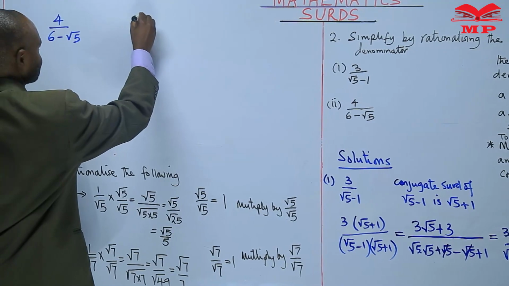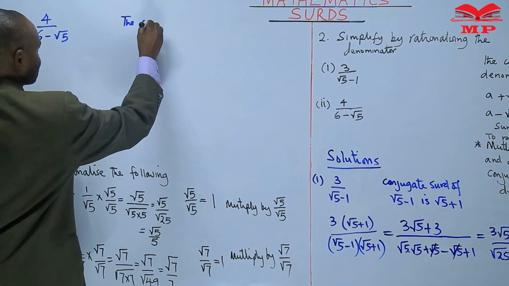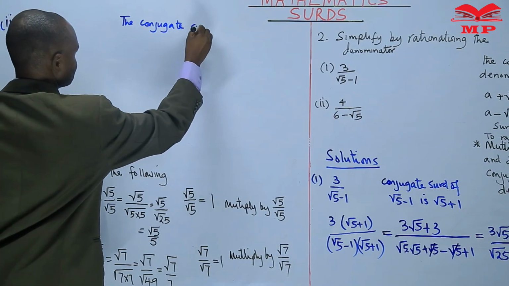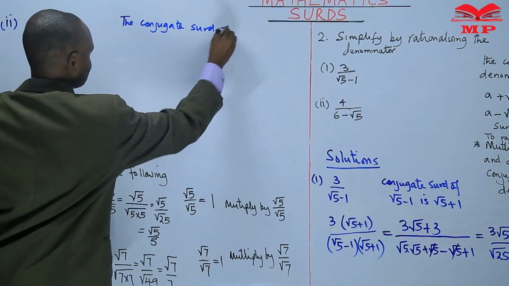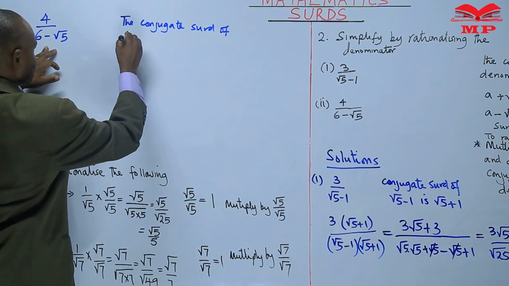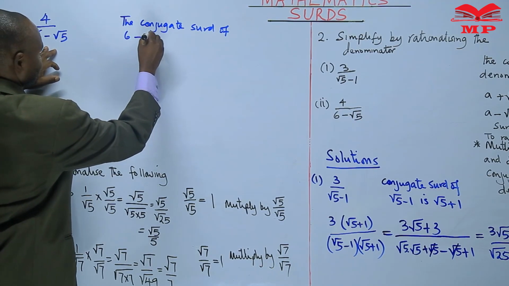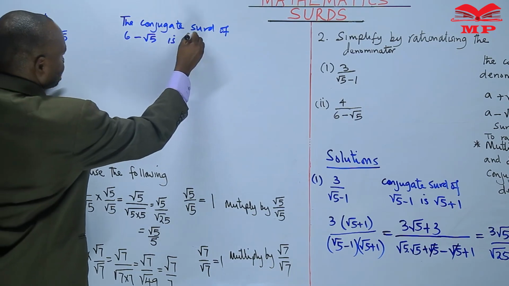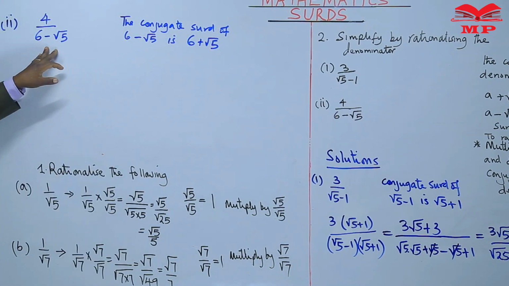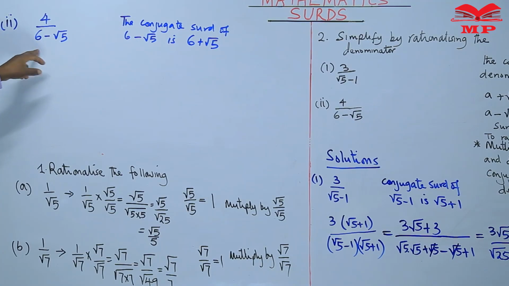The conjugate surd of the denominator 6 subtract square root of 5 is 6 plus square root of 5. So you'll go straight to multiplying by each.